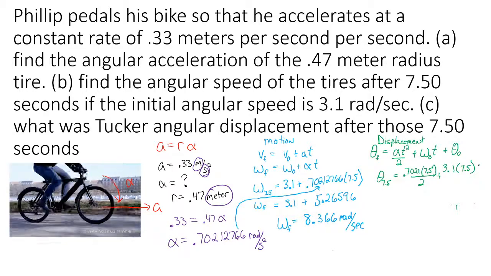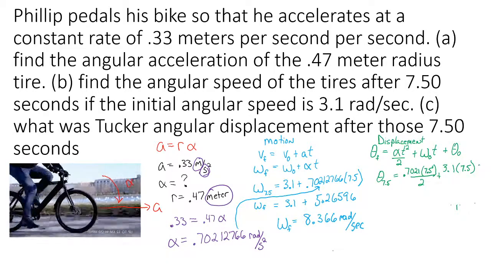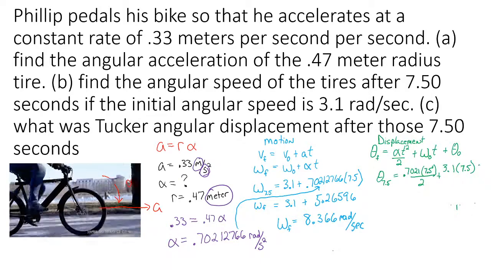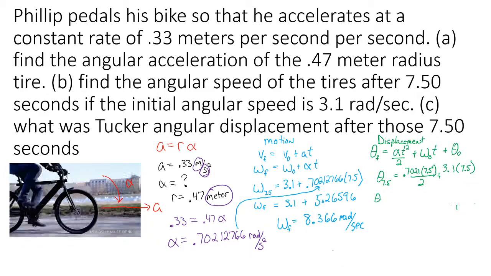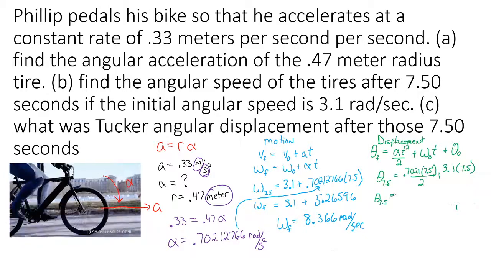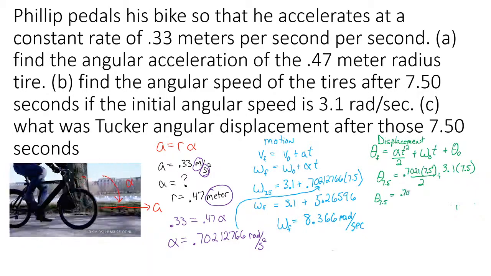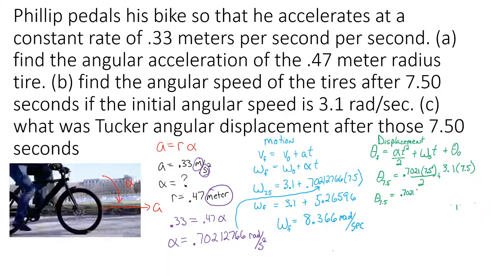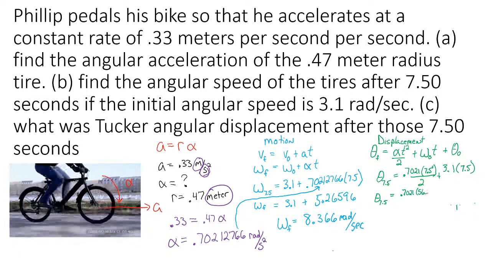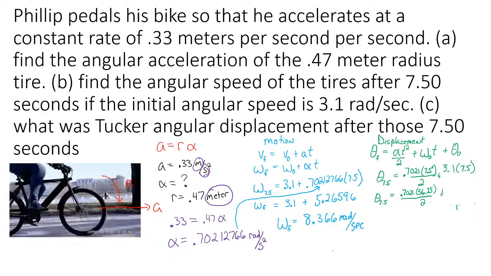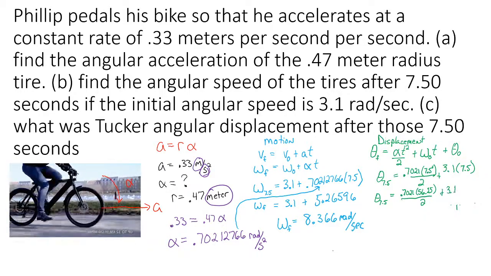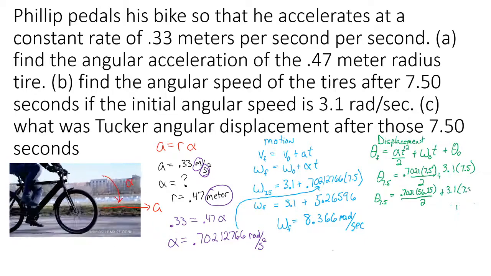What I always like to do, especially to help students out as much as I can, is to stick to order of operations. So in my next step, the only thing I'm going to do is square the 7.5. 56.25 divided by 2 plus 3.1 times 7.5.